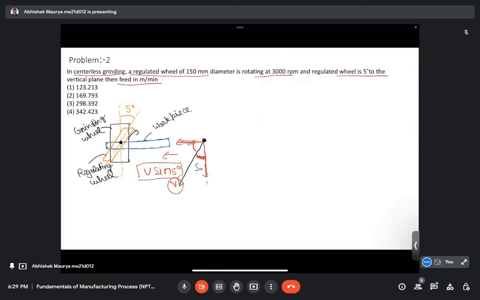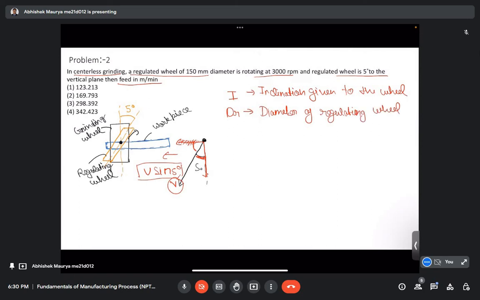Now let's start putting in the values. Here we are calling I the inclination given to the wheel, and Dr is the diameter of the regulating wheel, and Nr is the rpm of the regulating wheel.